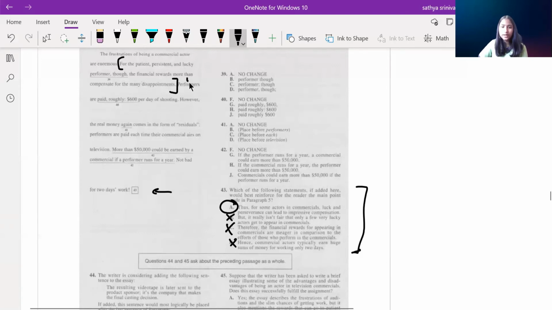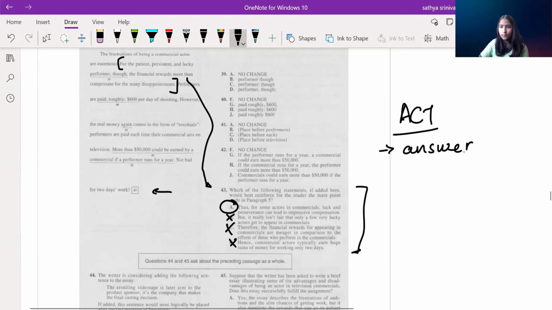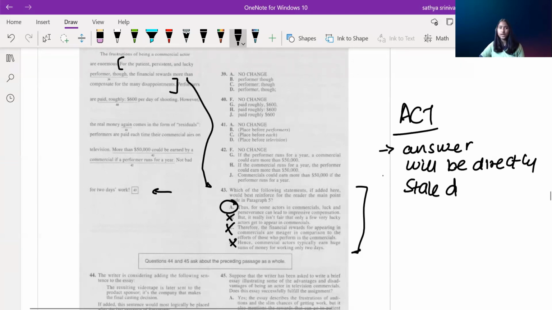Since it's directly stated, one of the tips for the ACT, mainly for the passage questions but also for the English, is that the answer will be directly stated in the paragraph or in the passage. So you don't need to make any inferences. It'll already be stated in the paragraph. You just have to find it. So the ACT is all about looking for locators, looking for words, looking for sentences that lead you to the correct answer.